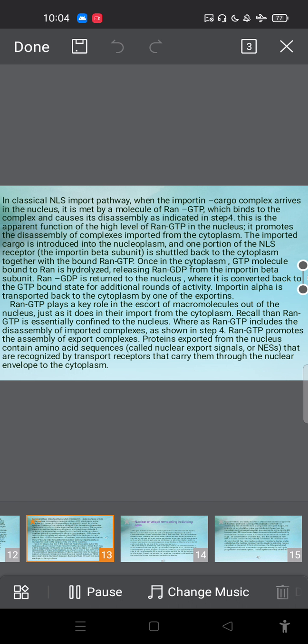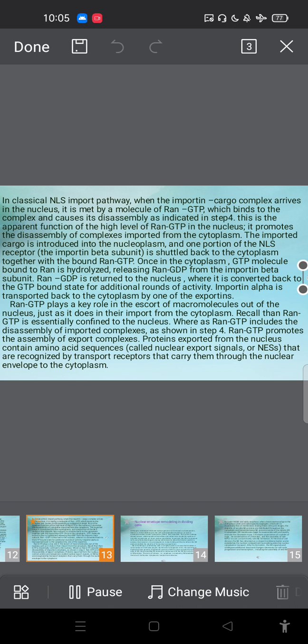RAN-GTP plays a key role in the escort of macromolecules out of the nucleus just as it does in the import from the cytoplasm. Recall that RAN-GTP is essentially confined to the nucleus. Whereas RAN-GTP induces the disassembly of imported complexes, as shown in step 4, RAN-GTP promotes the assembly of export complexes.